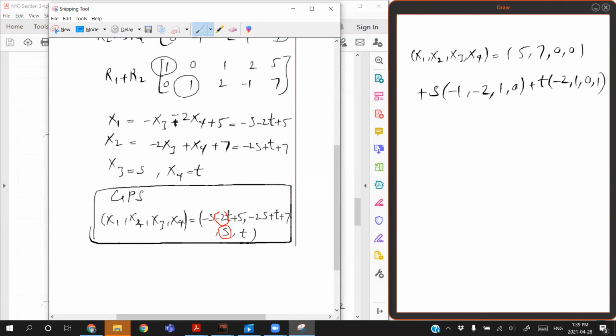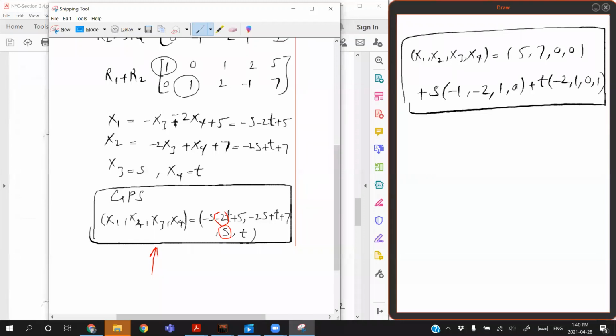I can write the general parametric solution like this, or I can write it like this, and these are equivalent because x1 is going to be 5 minus s minus 2t, and then x2 is going to be 7 minus 2s plus t, and x3 is going to be 0 plus s plus 0, that's just s, and x4 is going to be 0 plus 0 plus 1 times t, that's t.